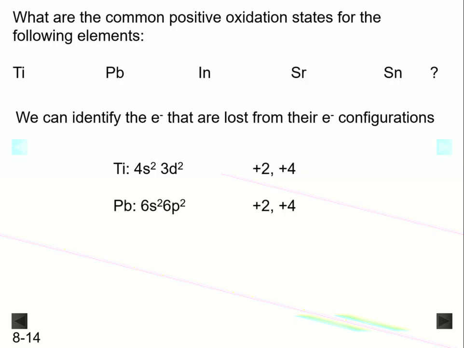The most common oxidation states for lead can be obtained from its valence configuration, that is the 6s2, 6p2 configuration. In this case, the p's are lost first to form the +2, and then we can lose the p's and the s's to form the +4. And for lead, the +2 and the +4 oxidation states are the most common.